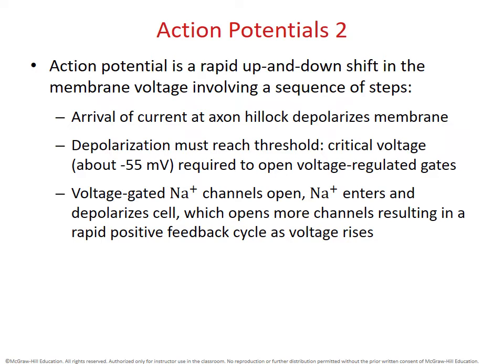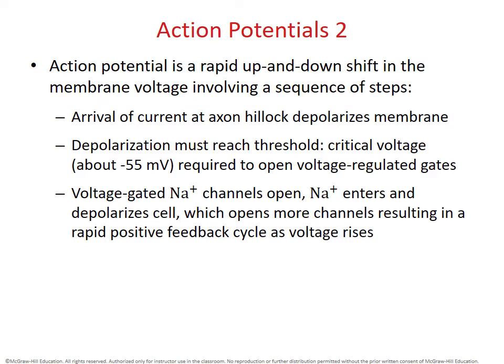In terms of what kind of change an action potential is, it's all or nothing, a very stereotypical change. It is essentially a spiky depolarization followed by a rapid repolarization back down towards resting.